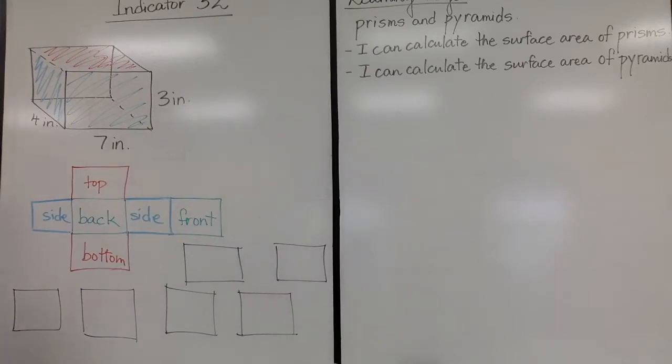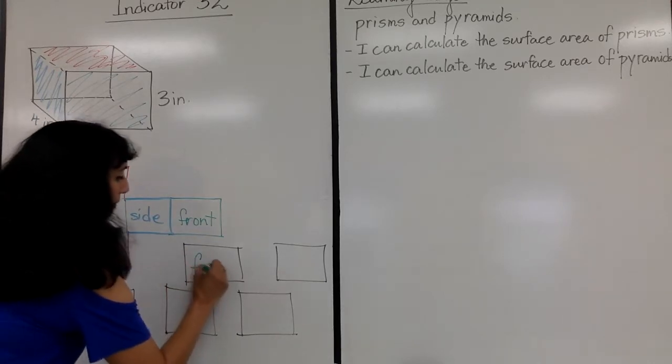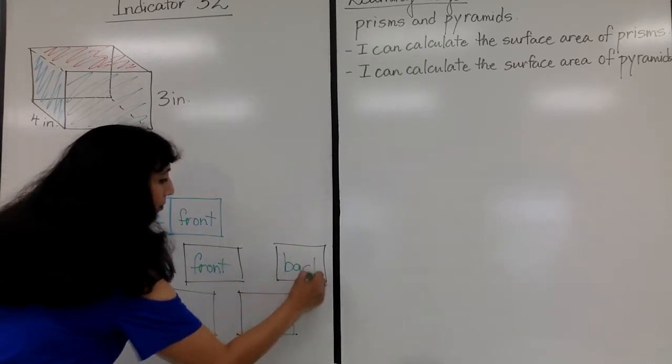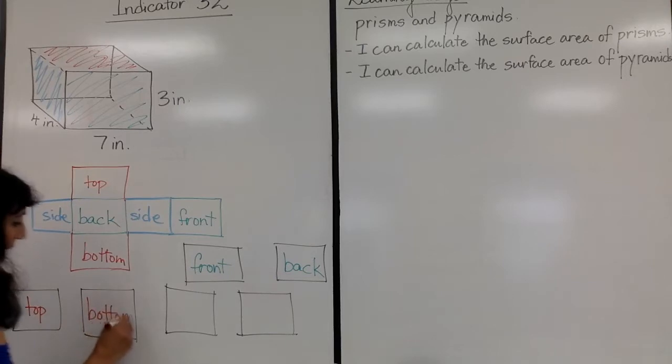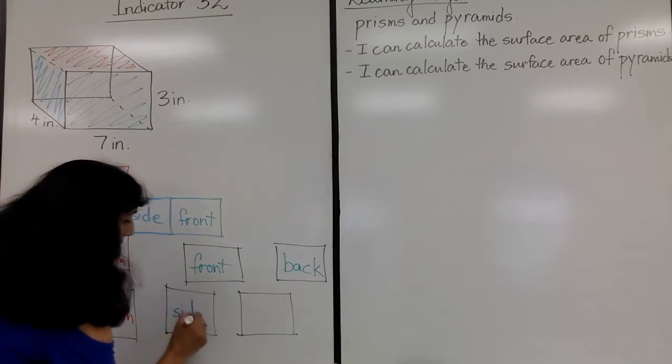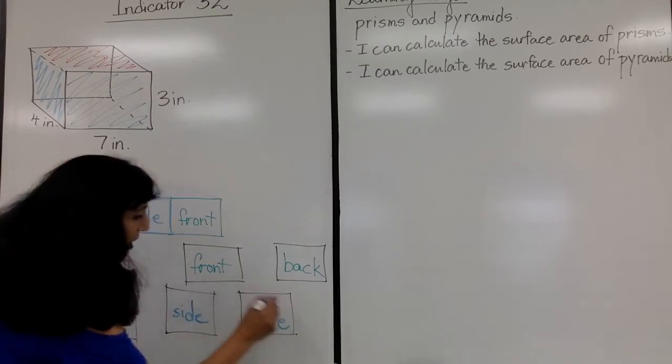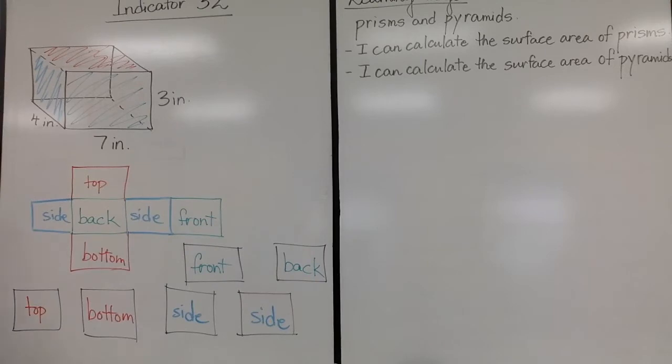You are free to call it, if I want the green one, I know this is front and back. Okay? Then I have a top and I have a bottom. So this is what I'm calculating. I don't care if you break it apart like this to make it easier on yourself. And then you have a side and you have another side. So guess what? Because I have 6 faces, I have to calculate 6 areas. Now, in order to do that, let's look at the front and let's look at the back and write those measurements. Okay?